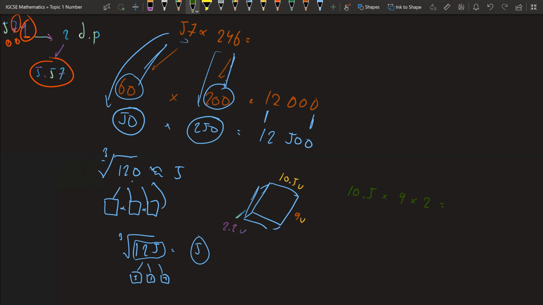That's at the minimum for sure. I could round this one down, right? So 9 times 2, you get 18. 18 times 10 plus 5. So 180 plus 9, right? 189.